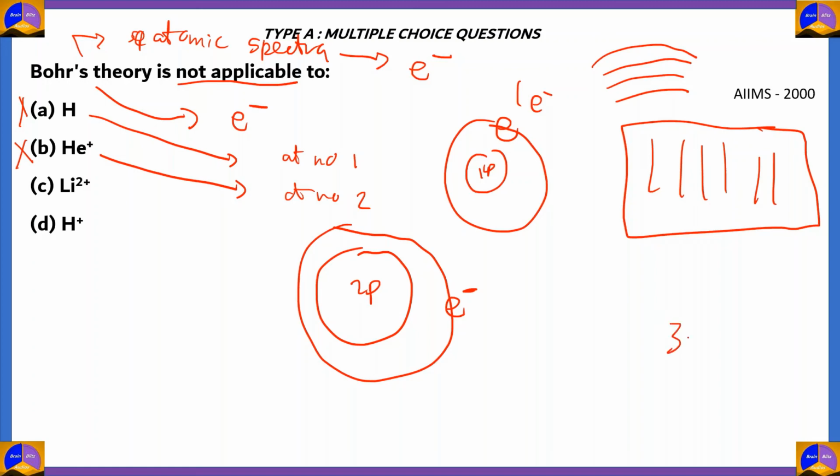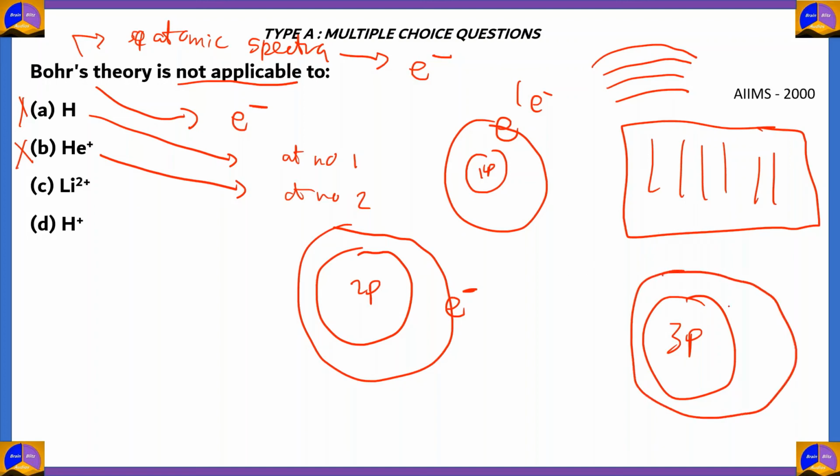And for lithium, it should be having 3 protons because the atomic number is 3, and 2 plus means there has been a loss of 2 electrons. So there is still 1 electron remaining. So option C is also incorrect because there is an electron in all 3 of these cases. However, in the 4th case, H plus, we said that hydrogen has only 1 proton, and for this nucleus to be neutral, it should have 1 electron.